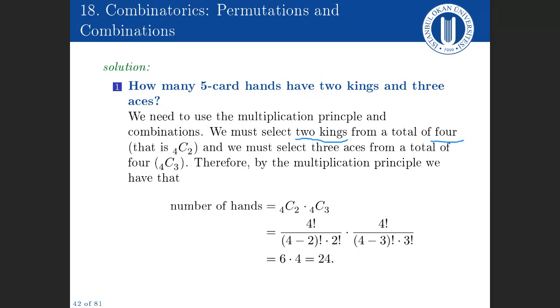The standard deck of cards also has 4 aces, and we want 3 aces. So we're doing 4C3. We're choosing 3 of the aces from a total of 4 aces. And then we use the multiplication principle because we do 4 choose 2 multiplied by 4 choose 3. And I'll leave the calculation for you to check. The answer is 24.